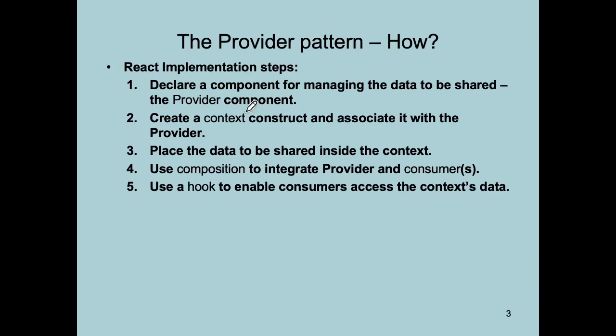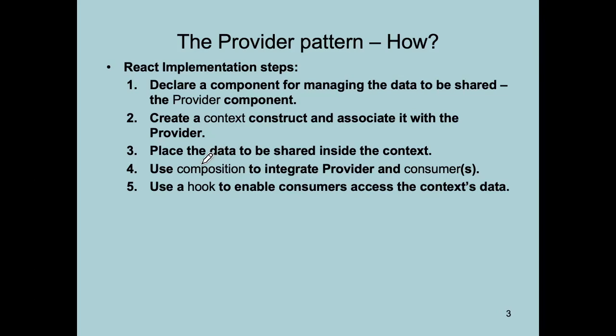The context is actually going to be physically where we store the data, even though the provider is going to manage it. The context is where we store it. And we associate this context construct with the provider. We kind of hook the two up. Number three, we place the data inside the context, as I've just said. Number four, we compose the provider with the rest of the app.